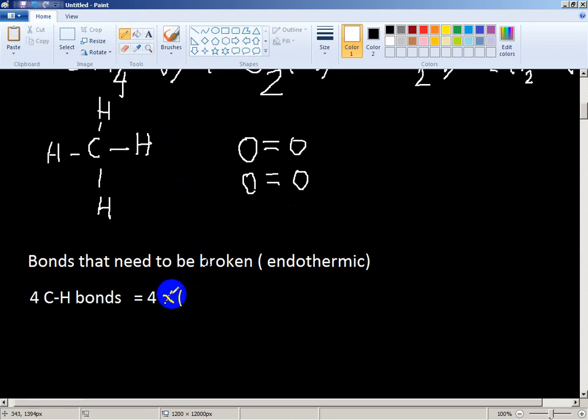How much is this energy? 413. This is endothermic, so a positive sign. We know bond breaking is positive, so plus 413. So what is the energy?